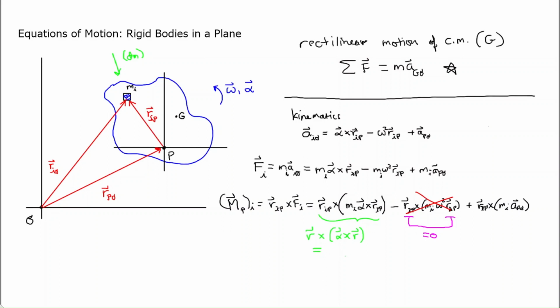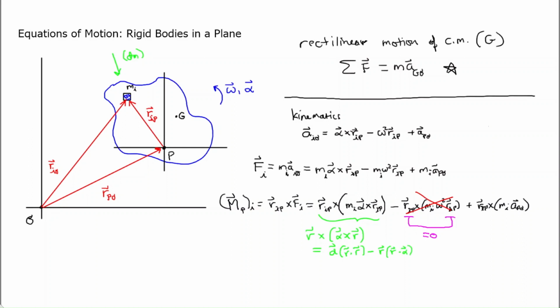That gets rid of the cross products, and what that gives us is alpha times the dot product r dot r, minus r times the dot product r dot alpha.